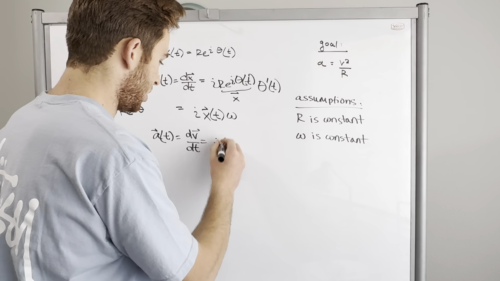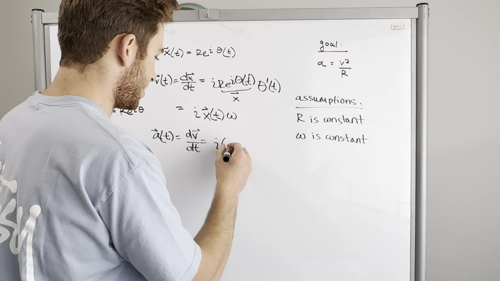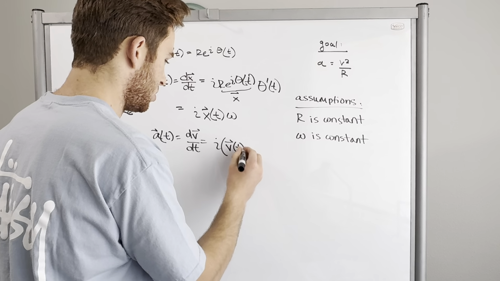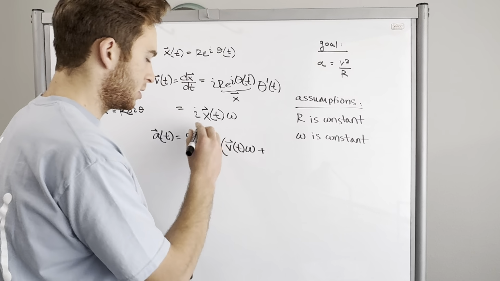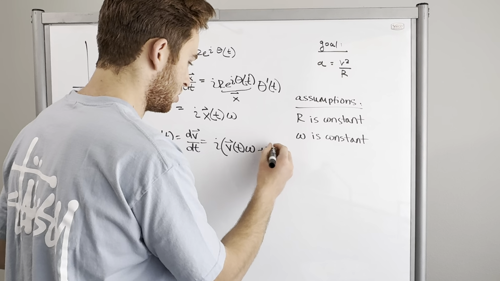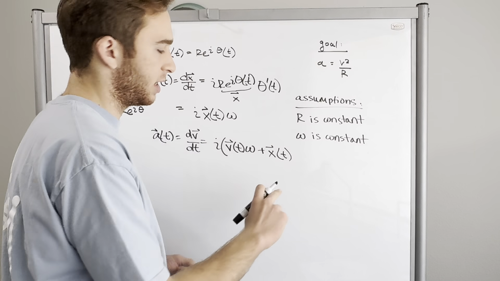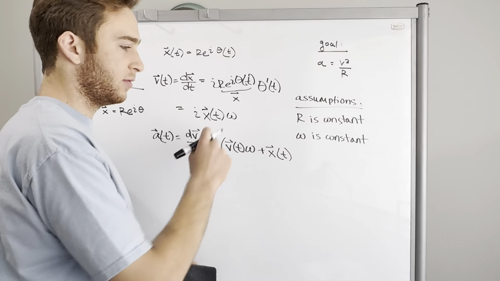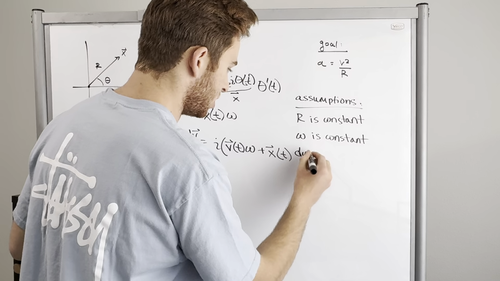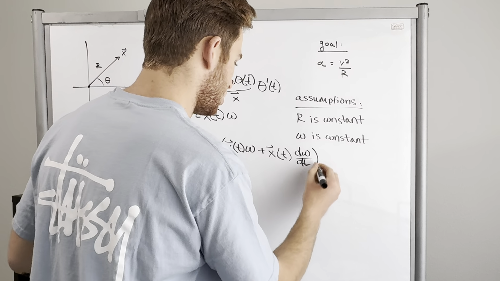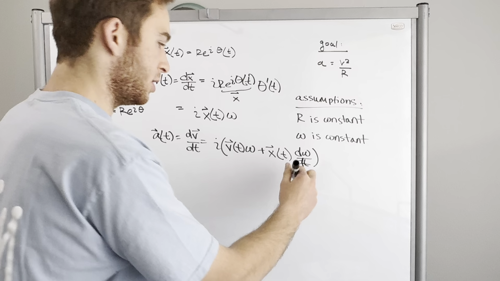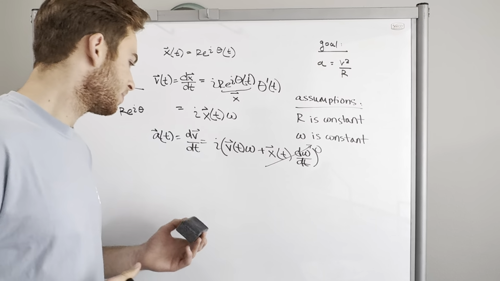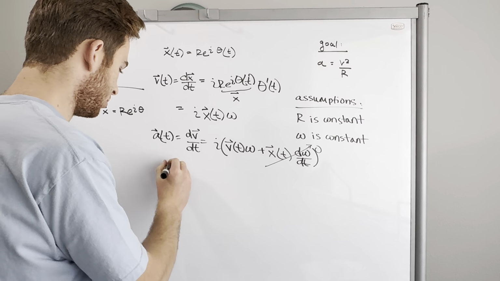So that's going to be i times x prime of t, which is going to be v of t, times w, plus, now I'm leaving the first factor as it already is, I'm not taking the derivative of it, and I'm going to take the derivative of w with respect to t. But since w is a constant here, this right side of the equation goes to 0, because the derivative of a constant is 0.